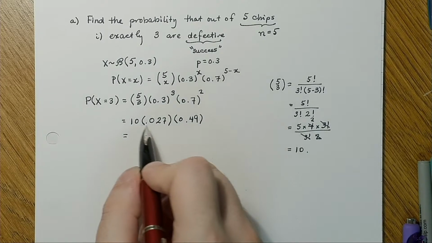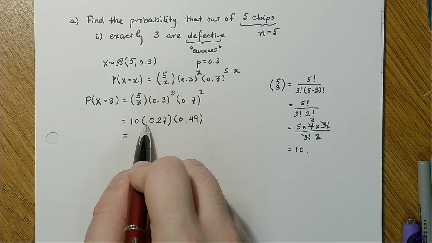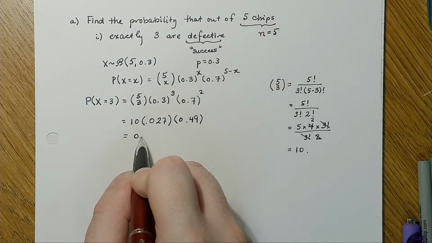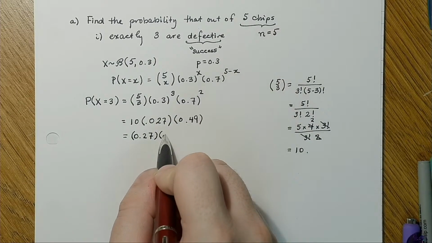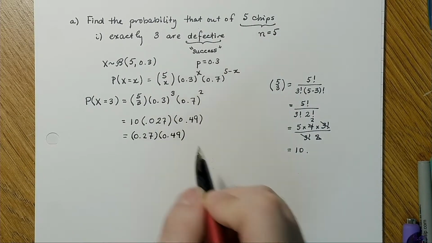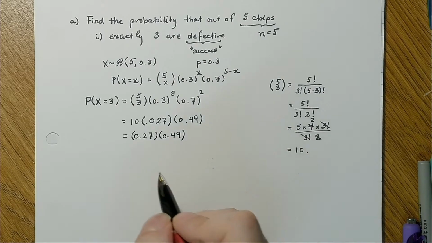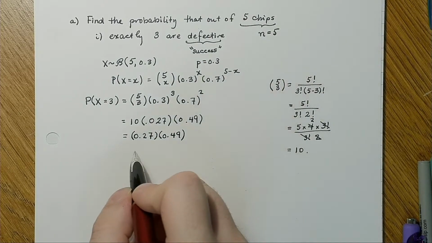The nice thing about multiplying that by 10 is I can move that decimal place, so I get 0.27 times 0.49.